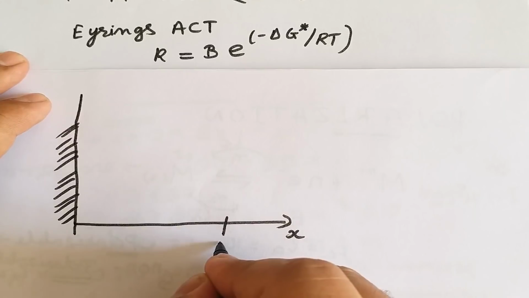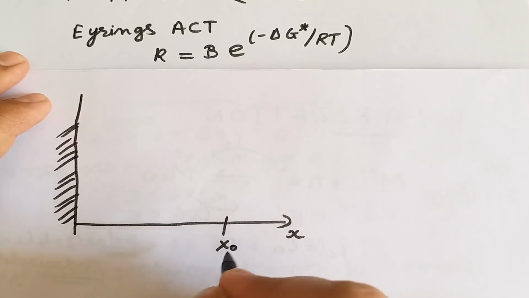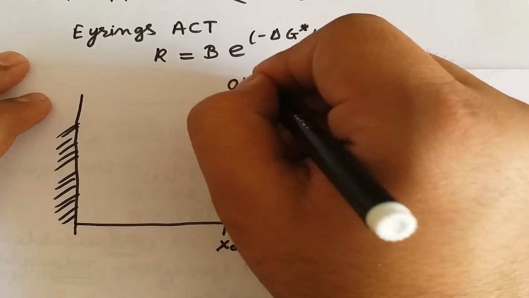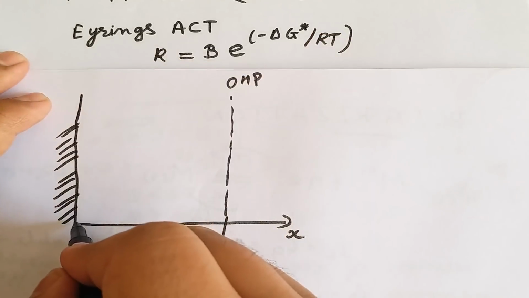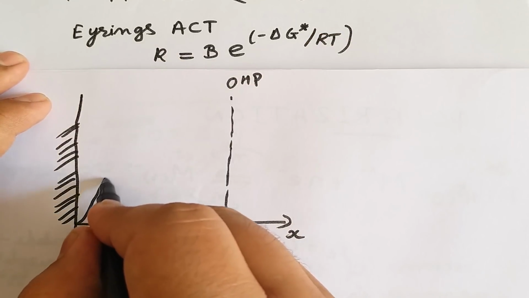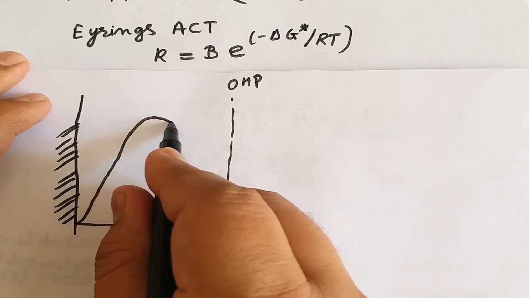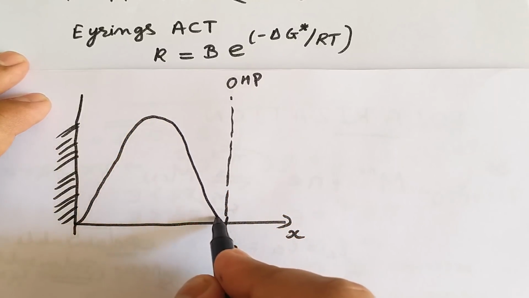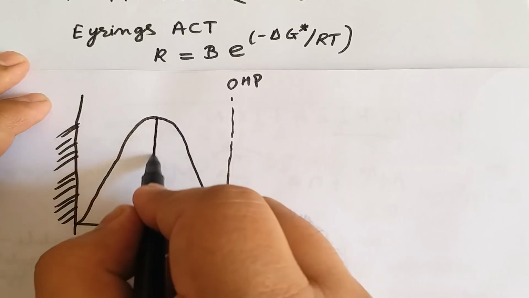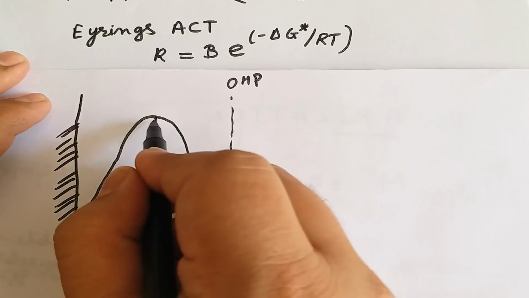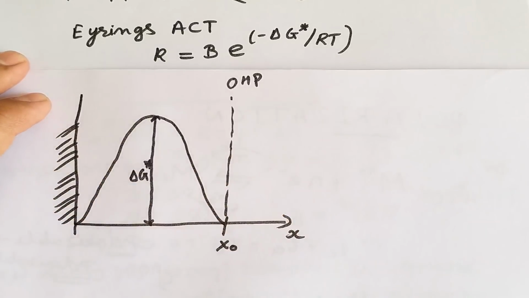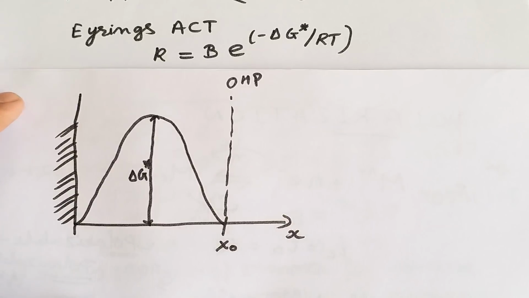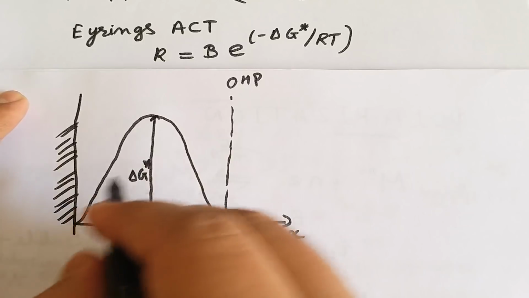Over here I can write x0, which is our outer Helmholtz plane. The minimum amount of energy required to cross this energy barrier is delta G star, the minimum energy required to overcome the energy barrier.